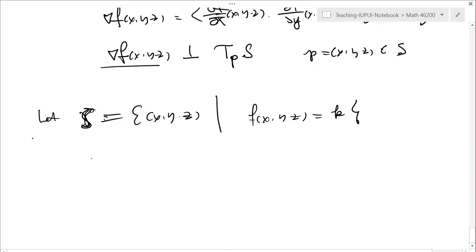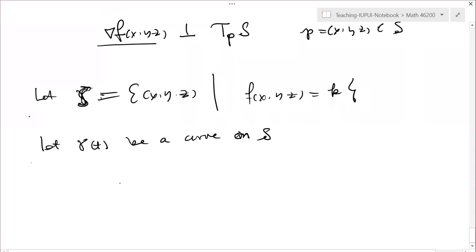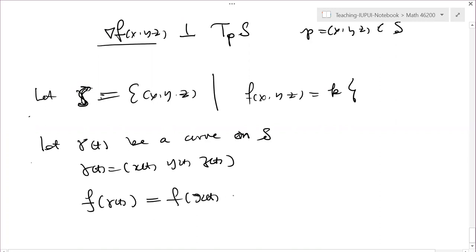Then let gamma(t) be an arbitrary curve on S. That means f(gamma(t)) should always be equal to a constant, right?